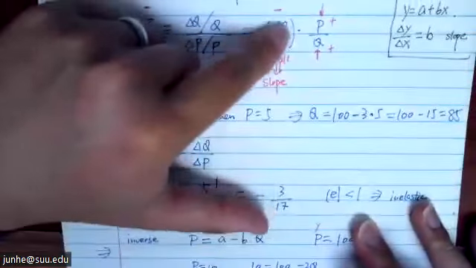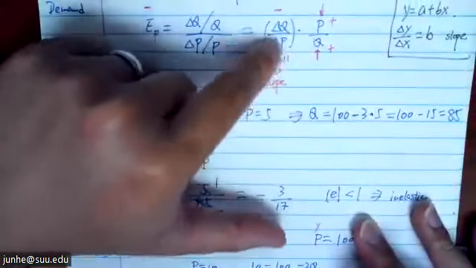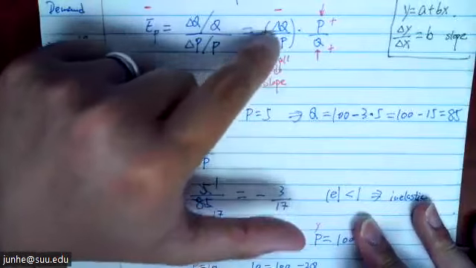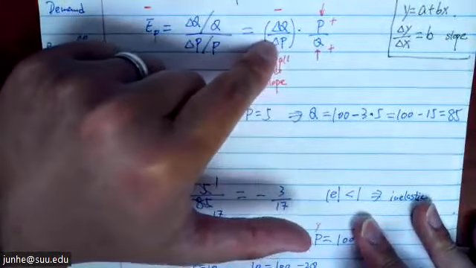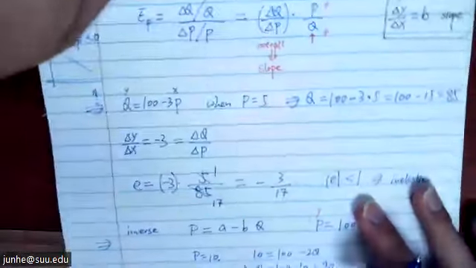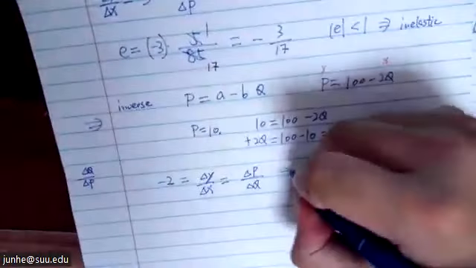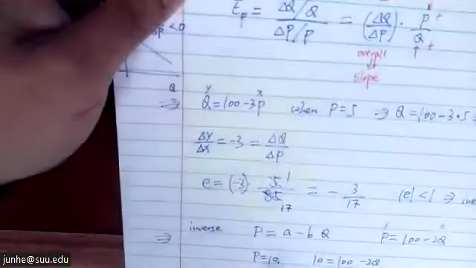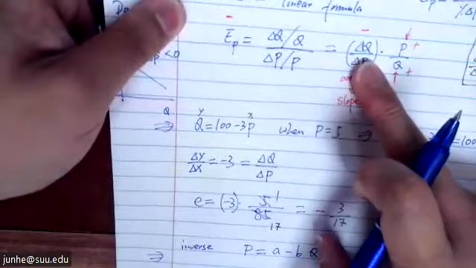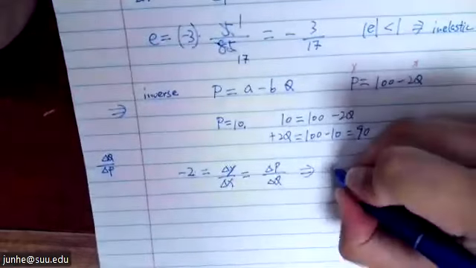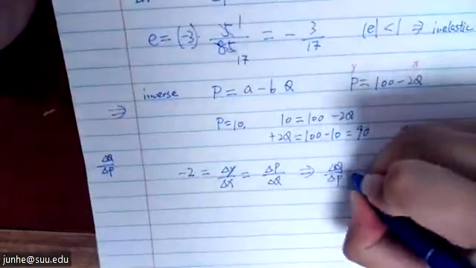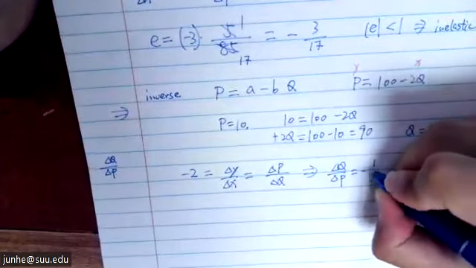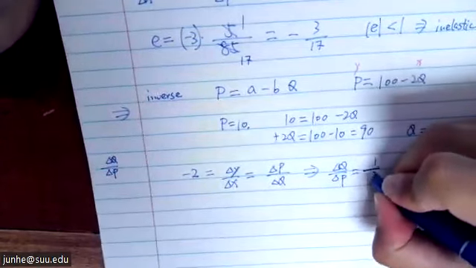But what are you looking for in this expression? In this expression, you were asked for delta Q over delta P. Then before directly plugging minus 2 into this expression, you need to find delta Q over delta P, which is the inverse of it.